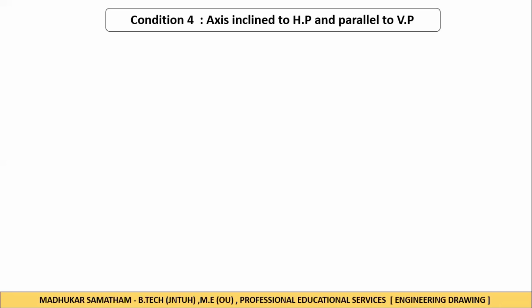In the first step, we consider that the solid is perpendicular to HP and parallel to VP. In the second step, we will transfer this to an inclination of the solid. We will see how to draw this in 3D and then go for 2D.